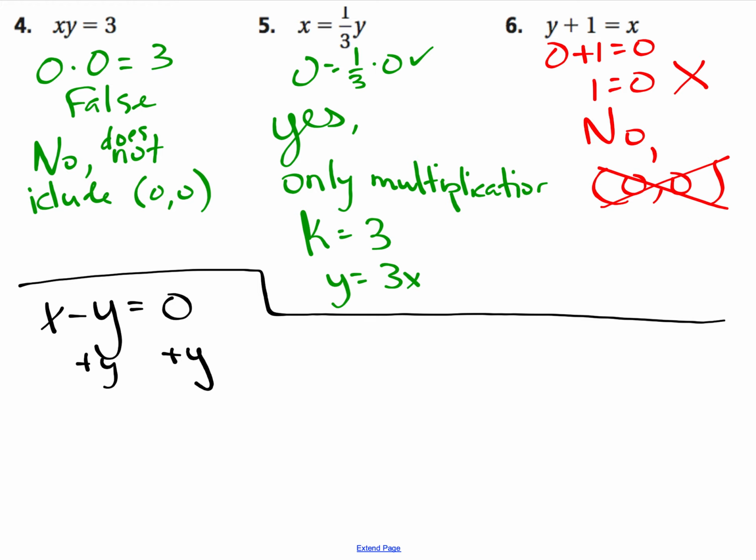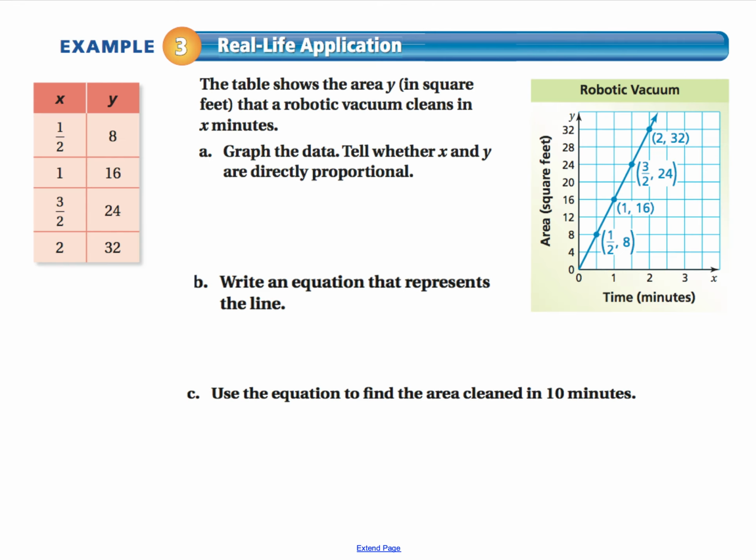Because if I move it to the other side, I get x equals y, which means they're definitely proportional. But notice if we try a 0 into these, I'd get 0 minus 0 is 0, which is true. It passes the go through the origin test, which remember, going through the origin does not guarantee it's proportional, but not going through it guarantees that it is not. It's not a complete test that way, but it is still useful.